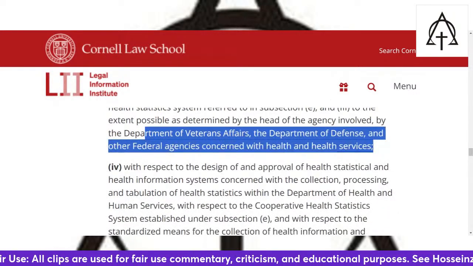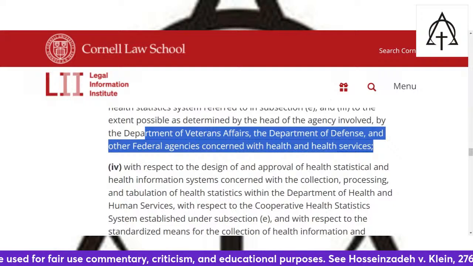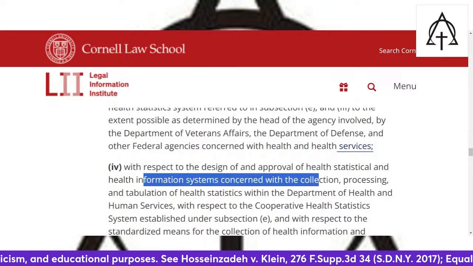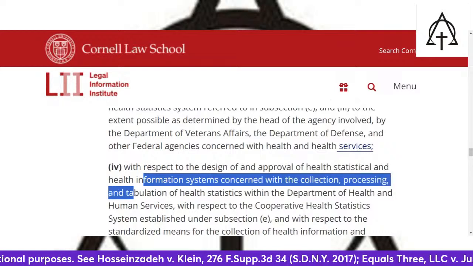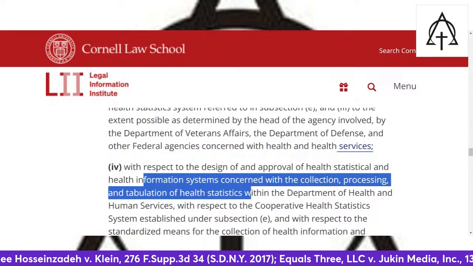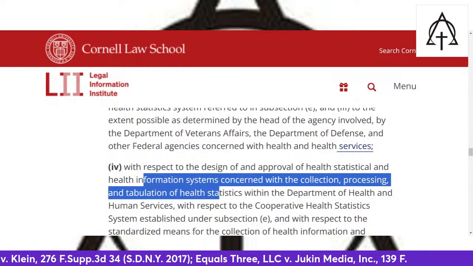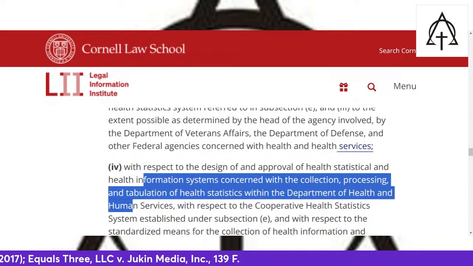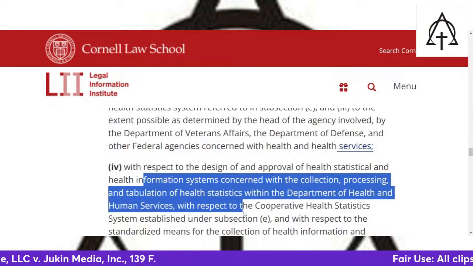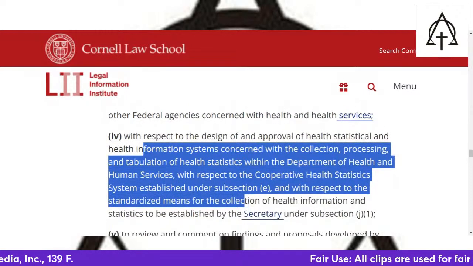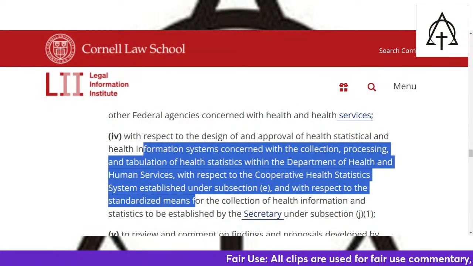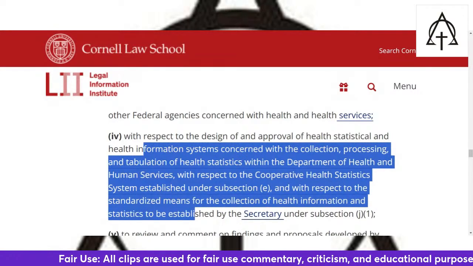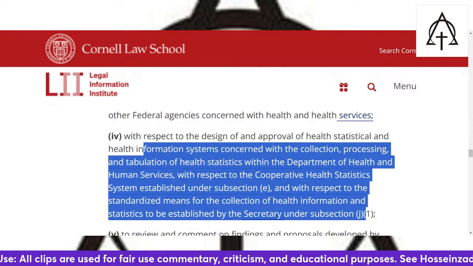With respect to the design and approval of health statistical and health information systems concerned with collection, processing, and tabulation of health statistics within the Department of Health and Human Services, with respect to the cooperative health statistics system established under subsection E, and with respect to the standardized means for the collection of health information and statistics to be established by the Secretary under subsection J1.